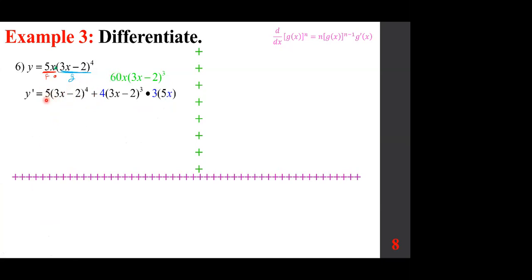When you look at the expression 3x minus 2, that is in common. When you look at the exponent 4 versus exponent 3, you use exponent 3. So what do you take as a common factor? 5. Let's see if I can even write it further down.